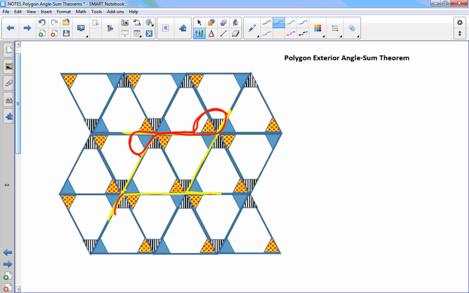And let's look at this exterior angle. Polka dotted and striped. What's the other one? Solid. So we have two groups of 180 degrees. So the exterior angle sum would have to be how much, Veronica? We have two groups of 180 degrees. 360. Good.